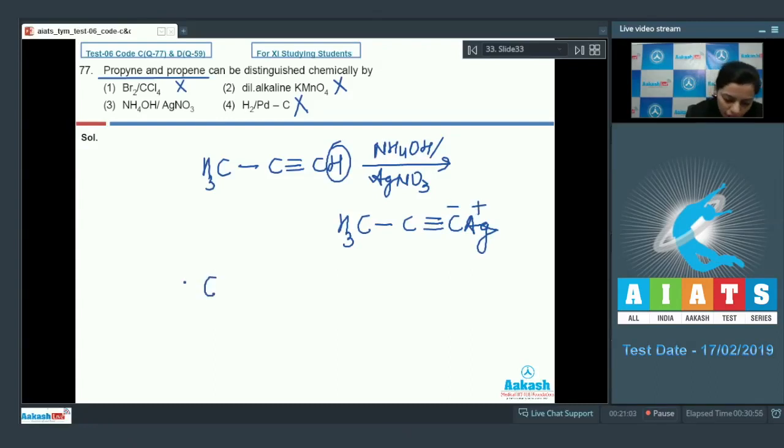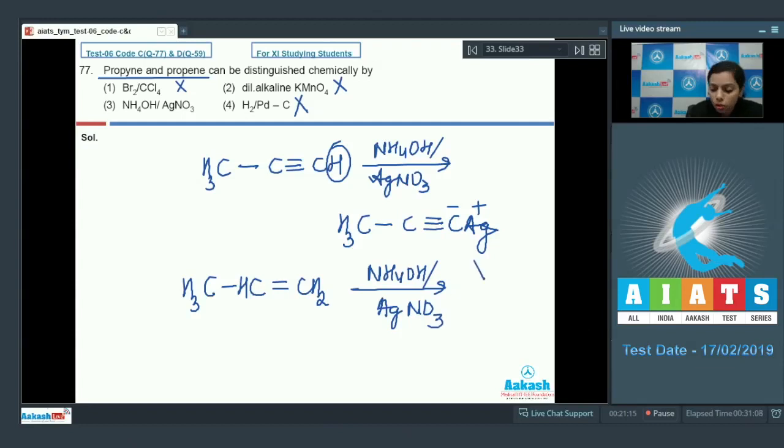But if the similar reaction is done with propene, what happens? Yes, definitely there is no reaction. And if it is so, you can easily distinguish these two chemically. And that's why the correct option for this question becomes option 3.